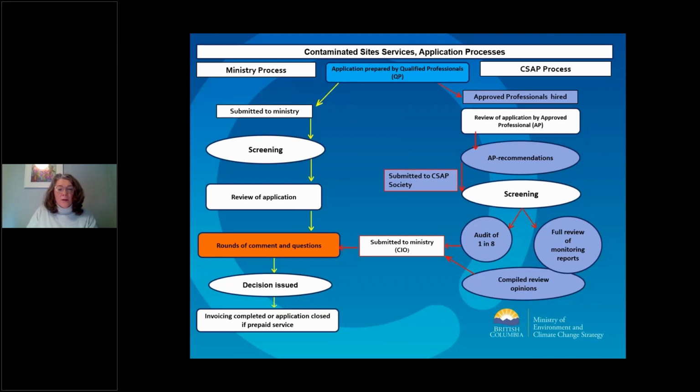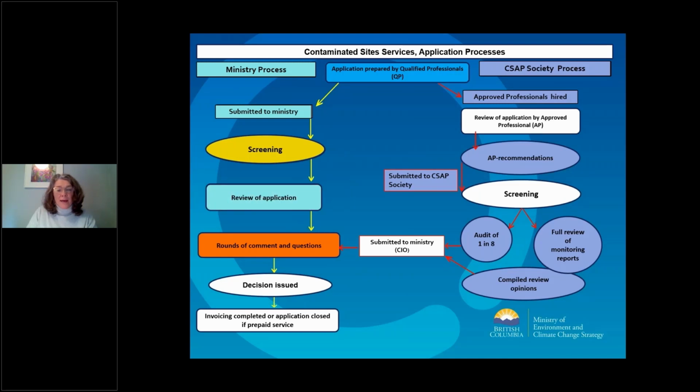In this schematic, we differentiate the two review processes: ministry review process on the left and the CSAP Society process on the right. CSAP Society is the ministry service delivery partner. Applications for services for non-high-risk and high-risk sites, such as Protocol 12 review or certification documents prepared by qualified professionals, are submitted directly to the ministry for screening and assignment to the ministry team.